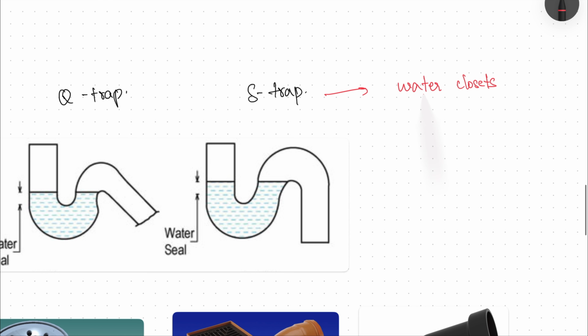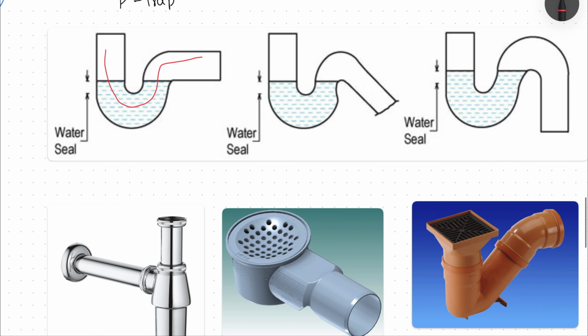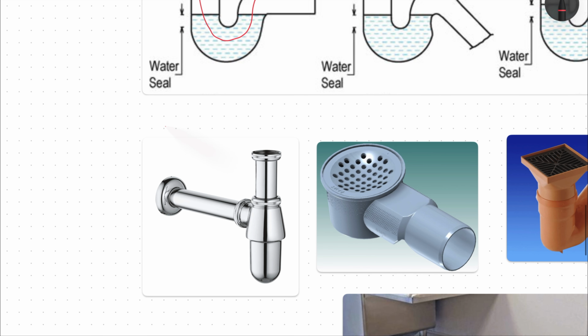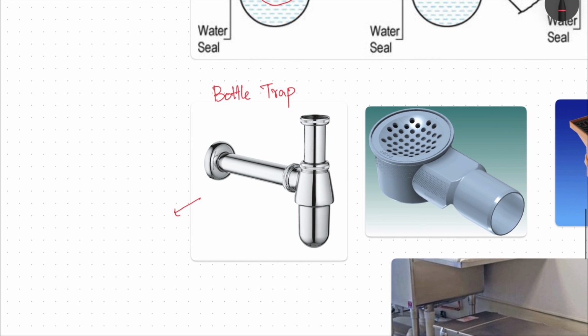Okay. Then this is our bottle trap. A bottle trap is shaped like a bottle and it's usually used in your wash basin, also in drinking water fountains, all those places.